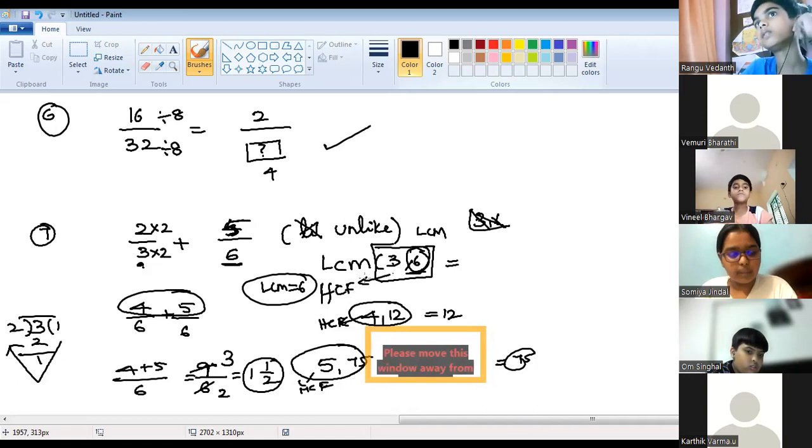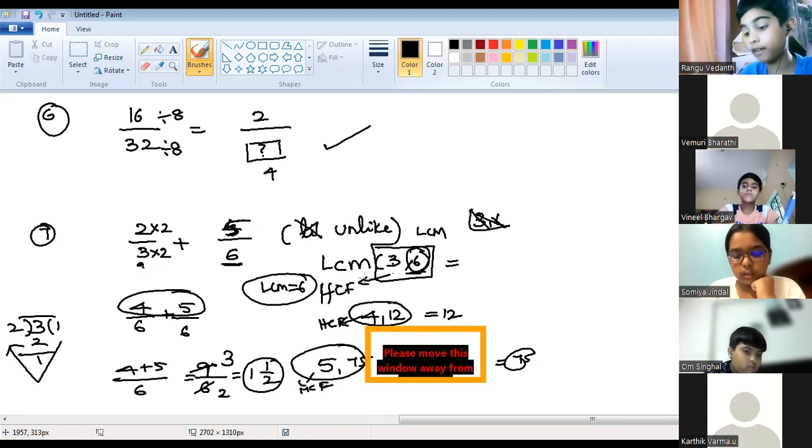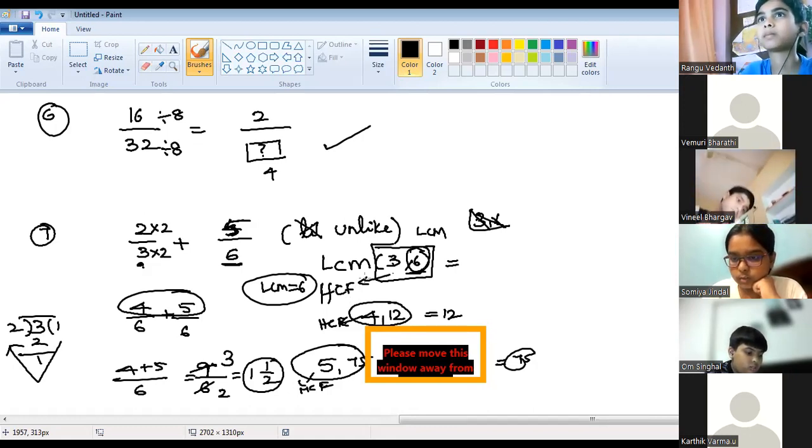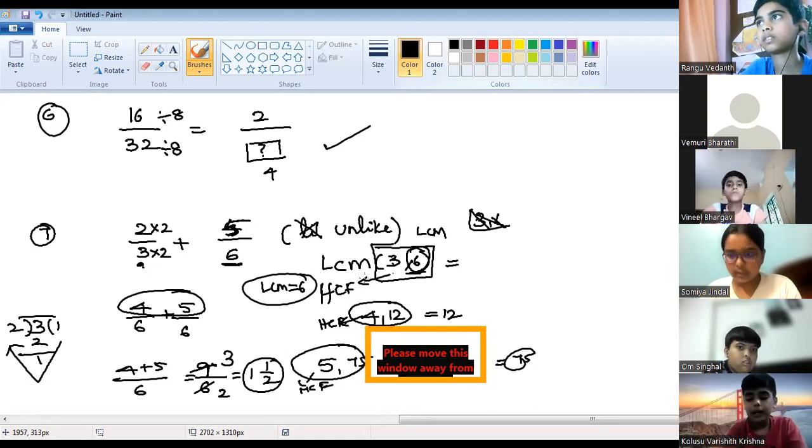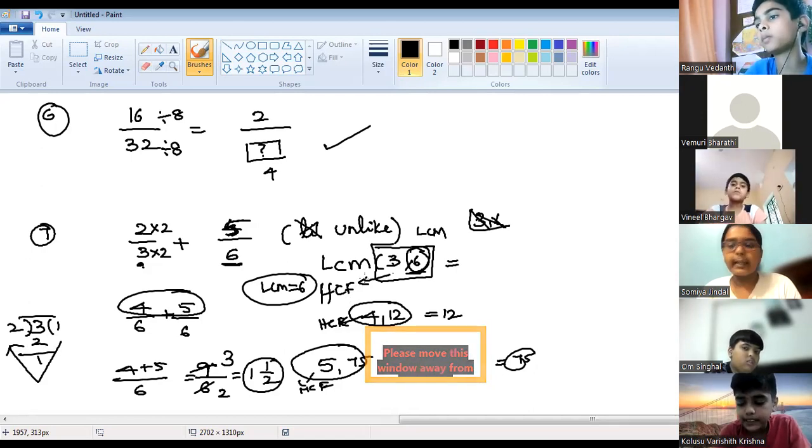Children, Vedant is raising a doubt. Ma'am, I have a doubt in the homework. How can you do LCD, ma'am? LCD and LCM mean the same. LCD means least common denominator.